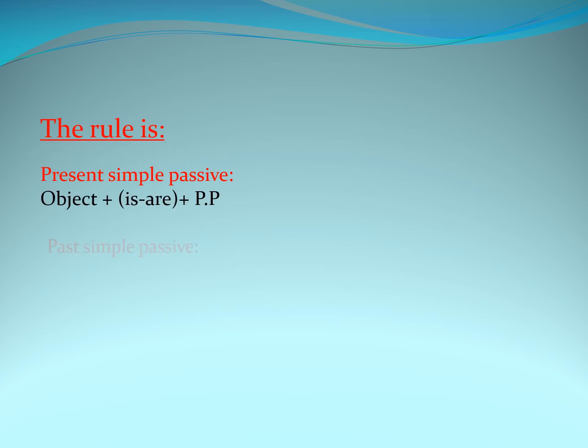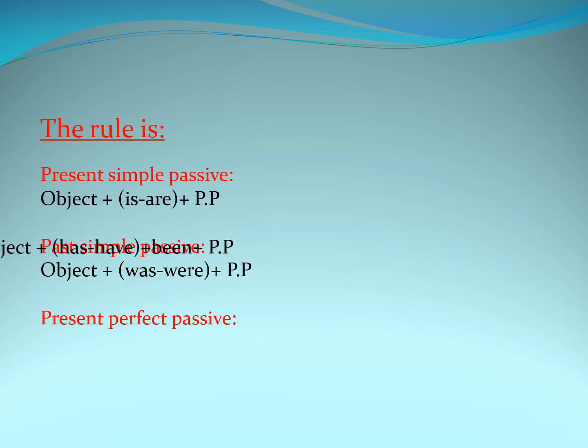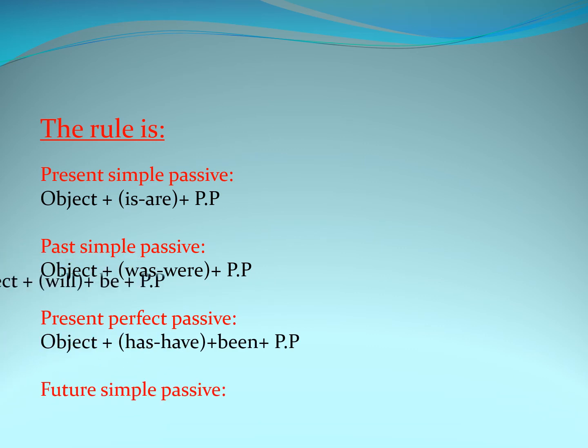The rule is that we have 4 tenses to change from active to passive. Our grammatical rule is the first tense is present simple.